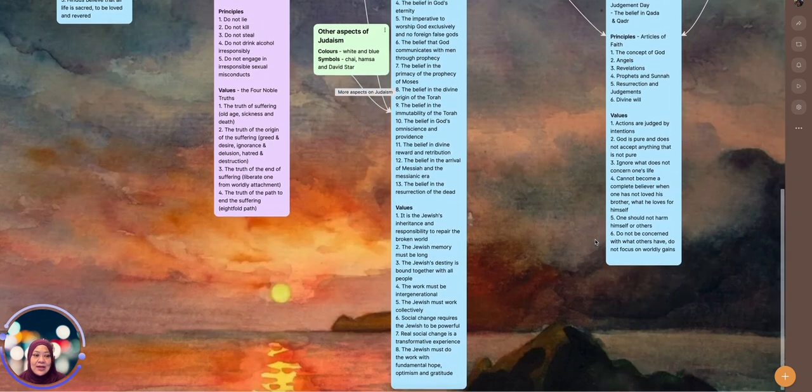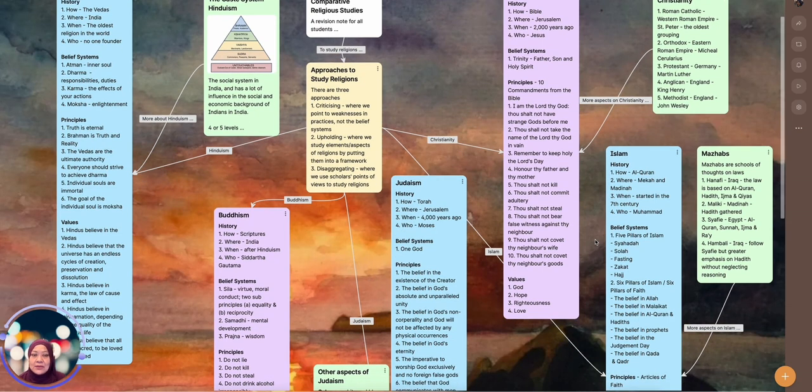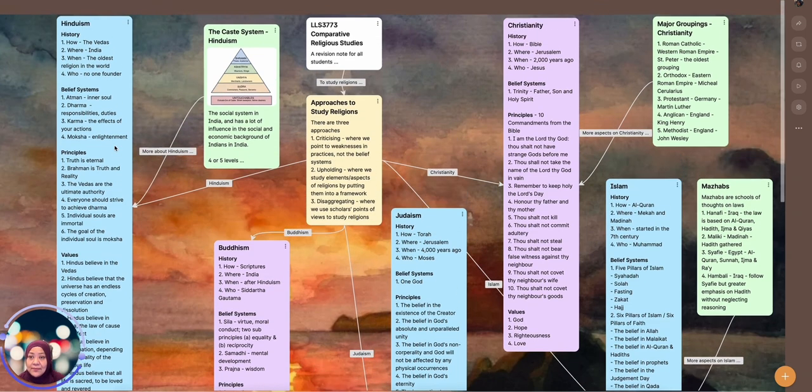So if we look very carefully, let's recap on what can be explained randomly and what must be explained in order or in sequence. For Hinduism, the belief system must be explained in sequence.